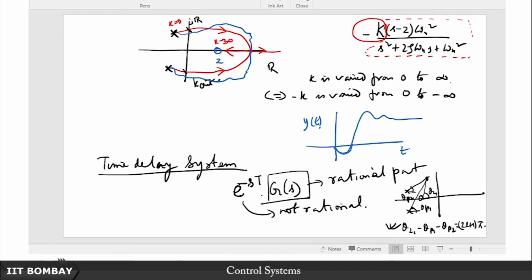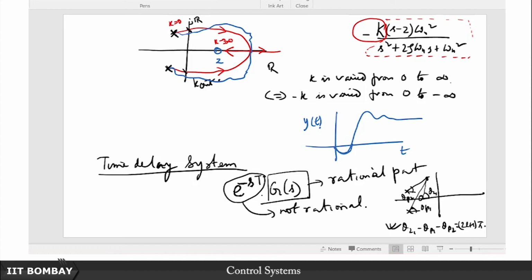But now, in addition to this, you have this additional factor as well. So what is going to be the phase contribution of this factor at this point? Think about it: if you want the accurate expression for this, what exactly do you need to do?